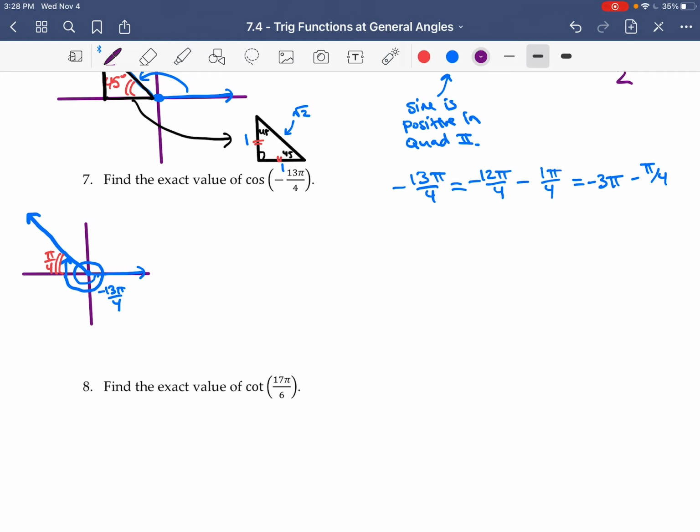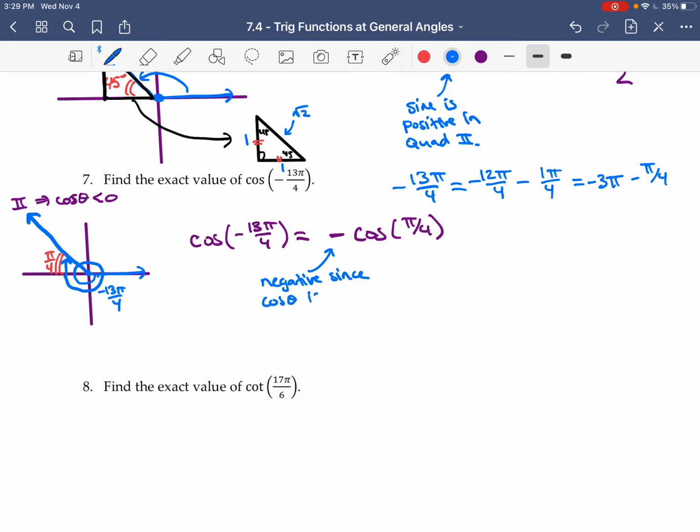The cosine in that is negative. Okay, so this is quadrant 2. So that means cosine theta is less than 0. So that means that cosine of negative 13 pi by 4 is going to be negative cosine of pi by 4, since cosine theta is negative in quadrant 2.